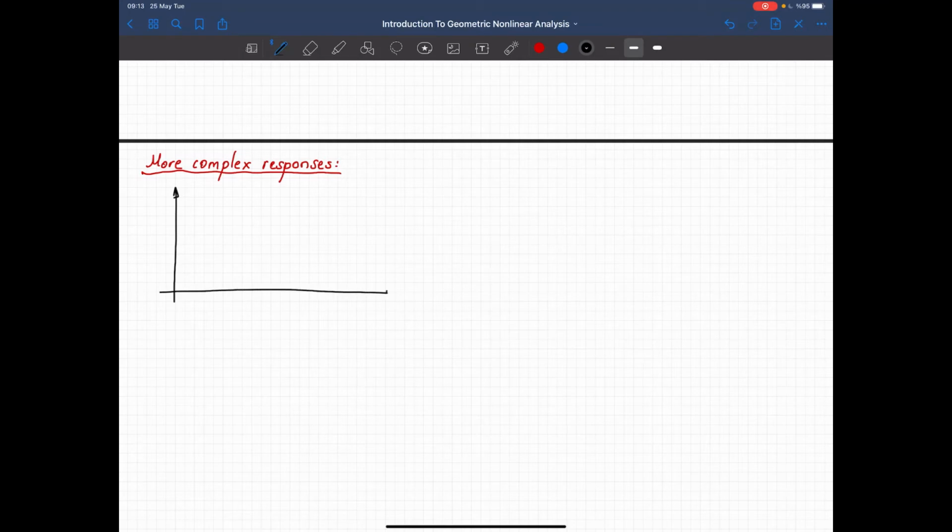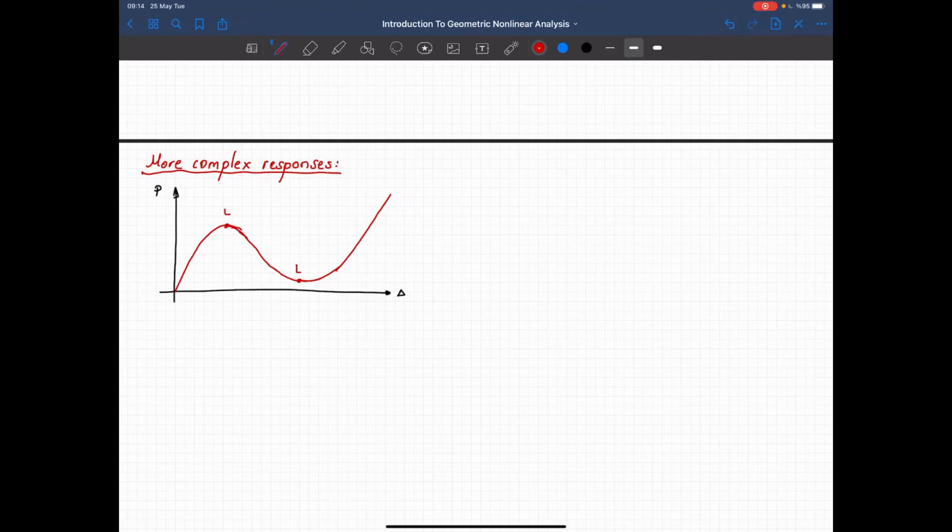Again, let me draw the load deformation curve. Now, the structure starts to deform and then it reaches a limit point. After the limit point, the structure is unstable now, and then it takes off dynamically. But as it continues to deform, it may reach another limit point, and it may find a more stable secondary equilibrium path.